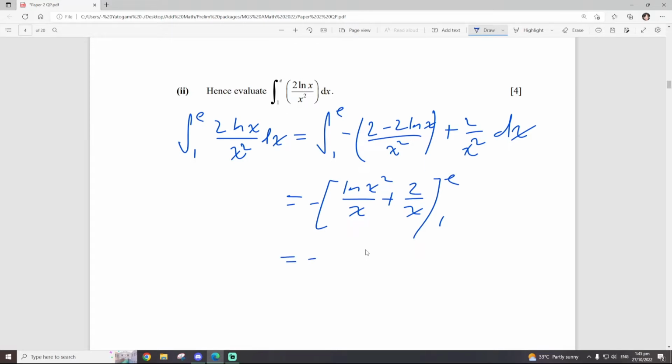Now if I put e into here, I will get 2 over e plus 2 over e. So 4 over e. Then if I put 1, this will be 0, and I will get over here minus 2. So this is 2 minus 4 over e.